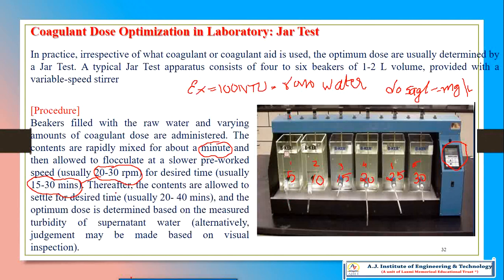Thereafter, just leave it as it is for 20 to 40 minutes. The flocs that were formed will settle to the bottom of the tank. This is the detention time you are giving to the tank.